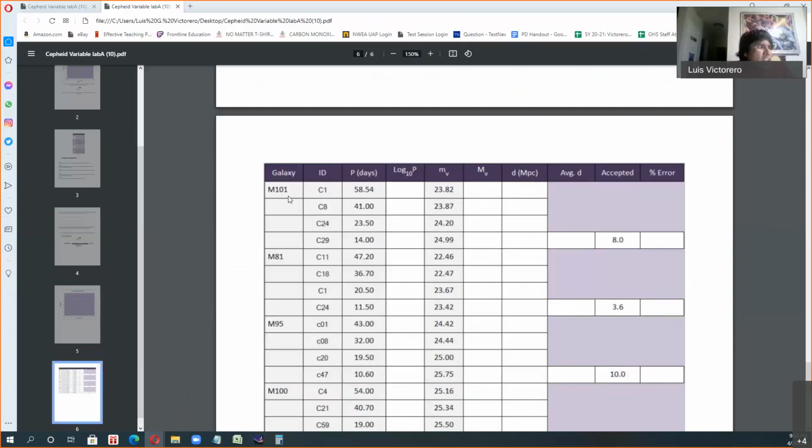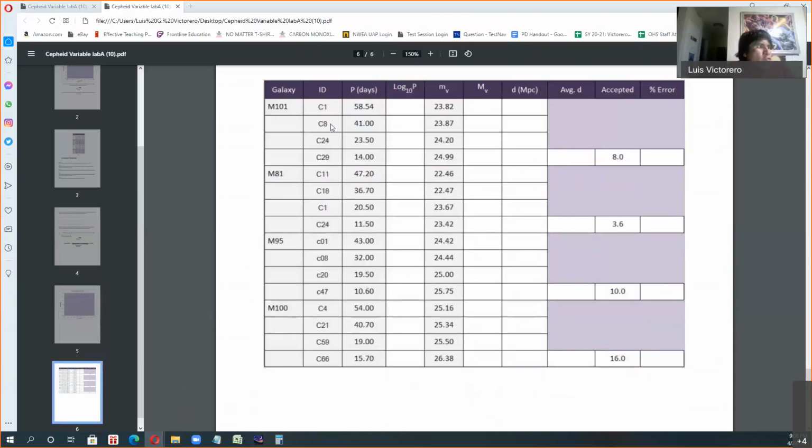Each galaxy has 4 Cepheid variables. For M101, you take the average distance to the 4 Cepheid variables, and then you compare it with this. The same for the next 4, and the next 4.